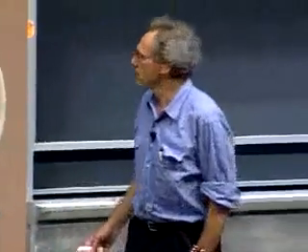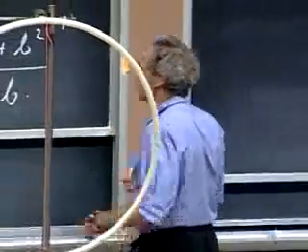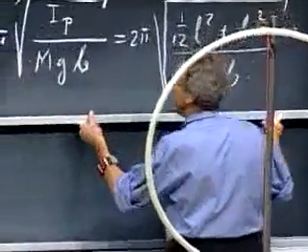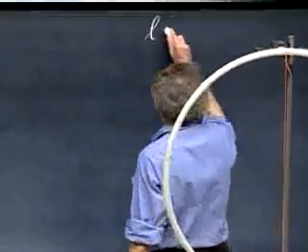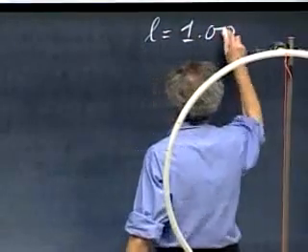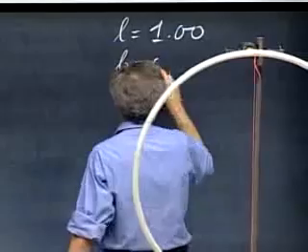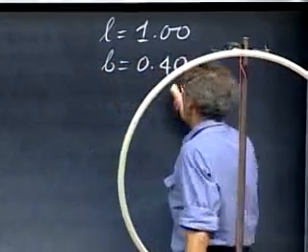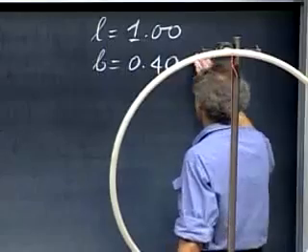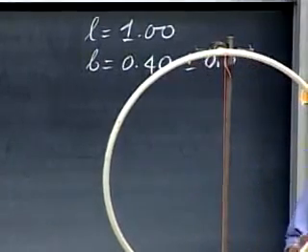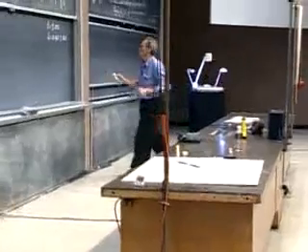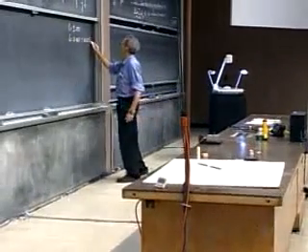In our case, it is an exact meter stick. So L equals 1.00, and b is about 40 centimeters, but we could be off by something like maybe 2 millimeters. It's not so easy to get that hole in precisely.